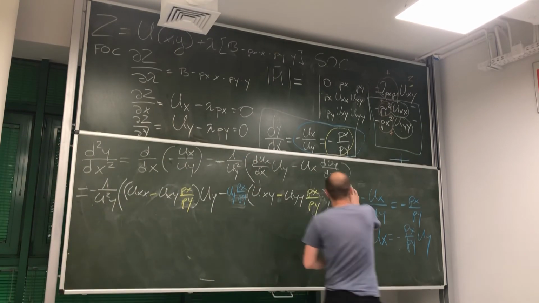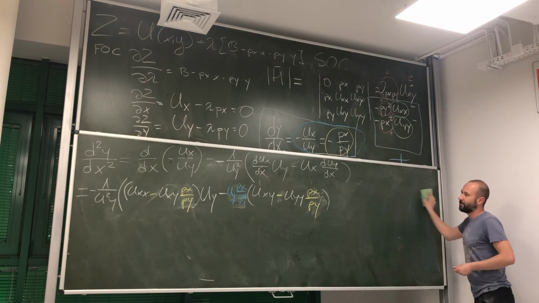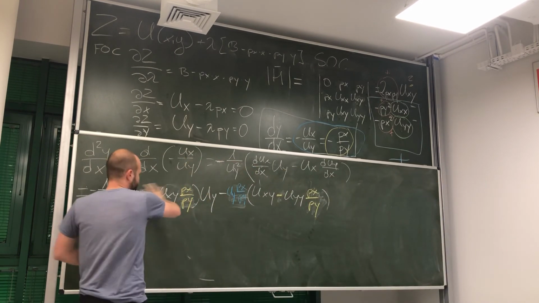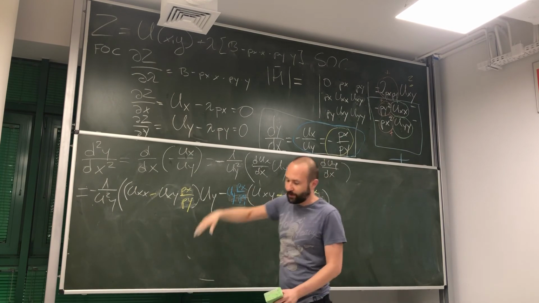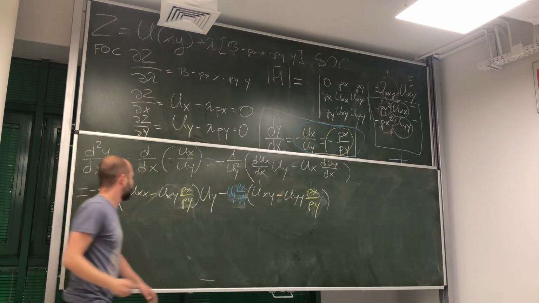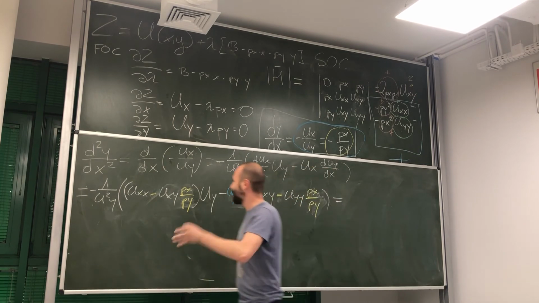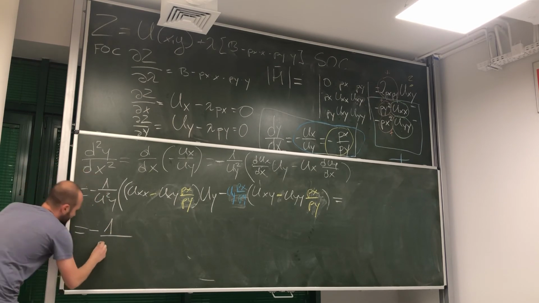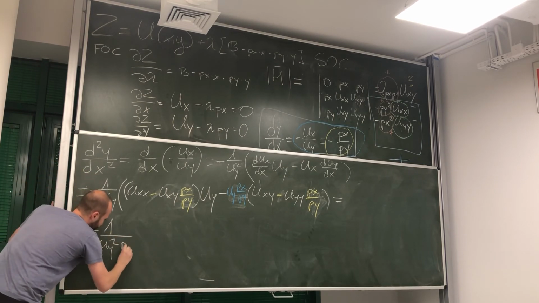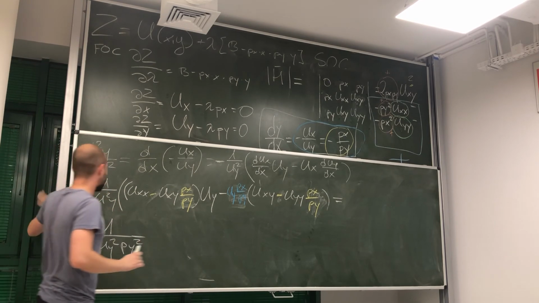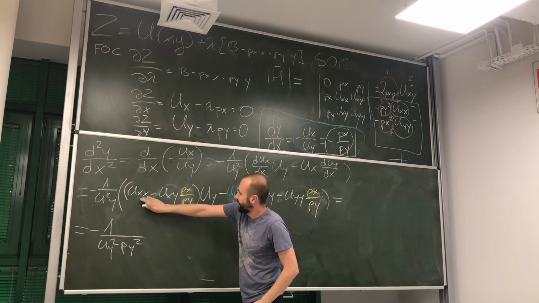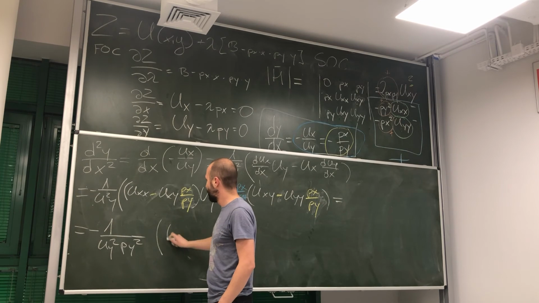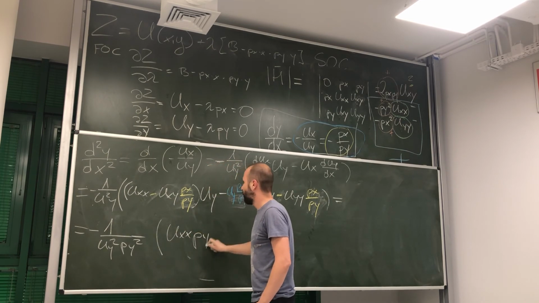Okay, so what am I going to do now? I'm going to take out of this entire expression 1 over py squared. Don't worry, we're getting closer to something that's going to make sense. We got 1 over uy squared py squared. Now what are we going to have inside? We took 1 over py squared, so this is going to turn into uxx py squared.